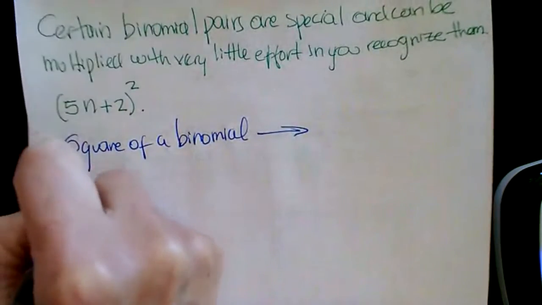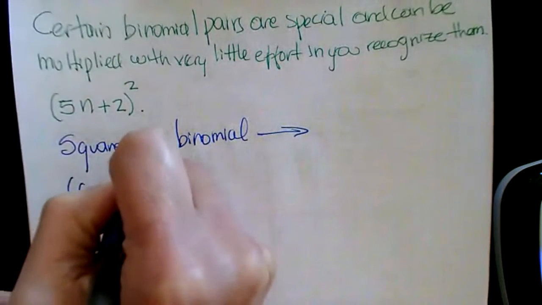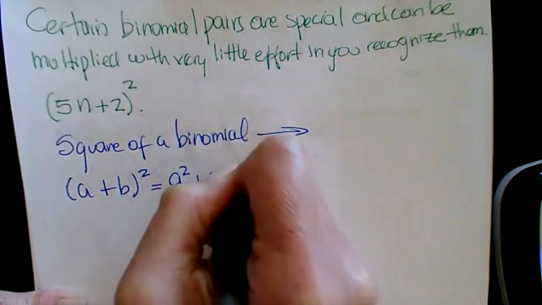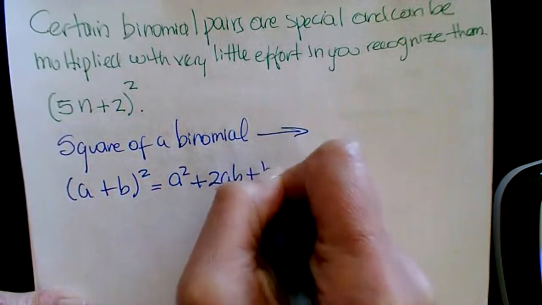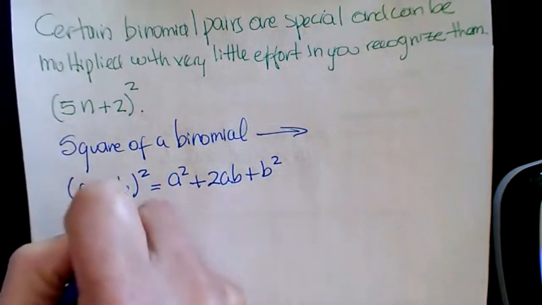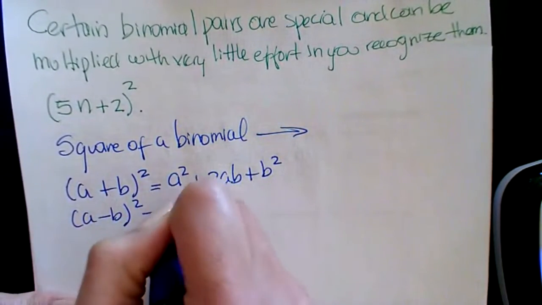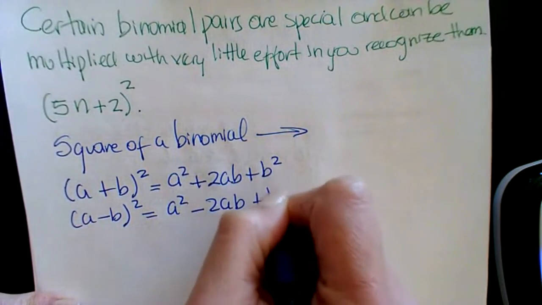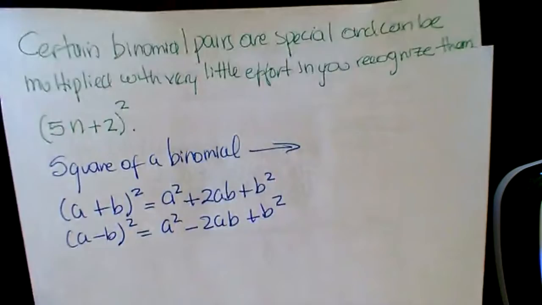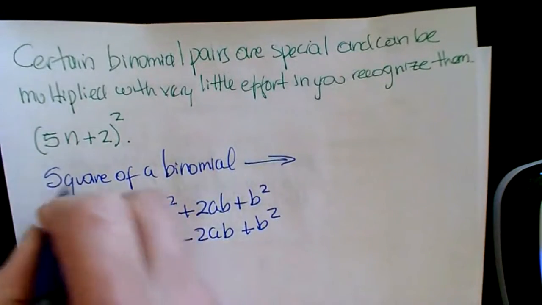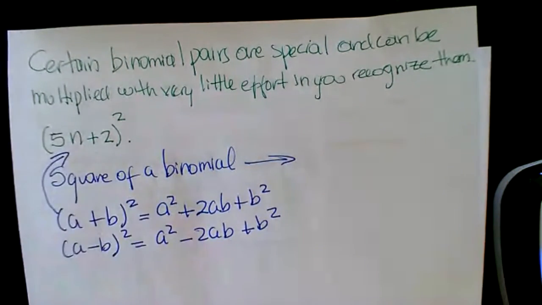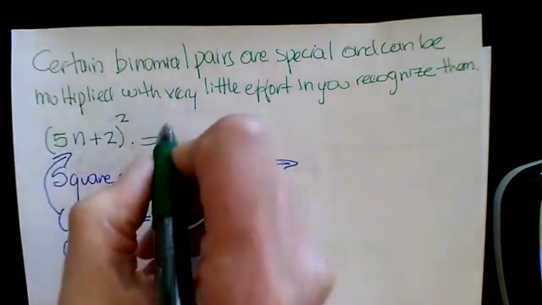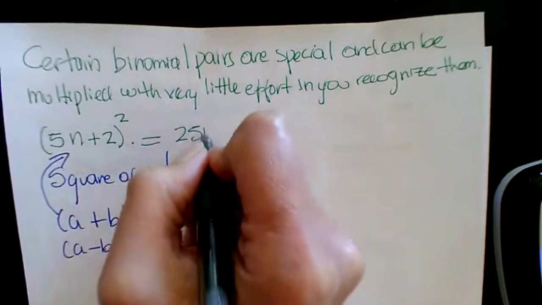So that means that a plus b squared is equal to a squared plus 2 times ab plus b squared. And if I have a negative, the only difference is that this second term is going to be negative. So what happened here? I could have done this one, it's the same as this one. So this one was what? A is 5n squared, which is 25n squared.